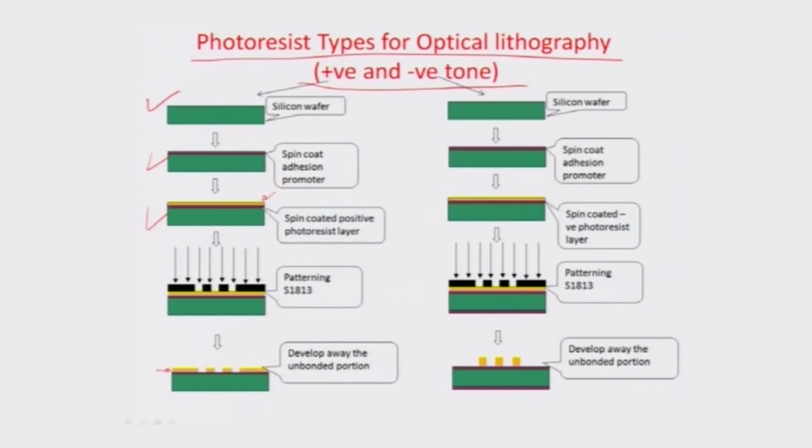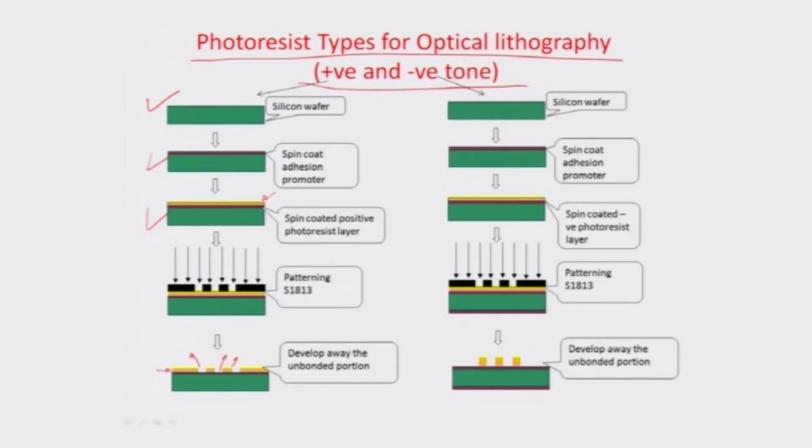And so, in one case, which is the positive resist, the resist which is exposed gets debonded and it goes away. So, a positive resist is signified by making vias or trenches. So, that is what the positive side of the resist is. The negative resist is, on the other hand, a resist where wherever you are exposing, you basically get cross bonding.